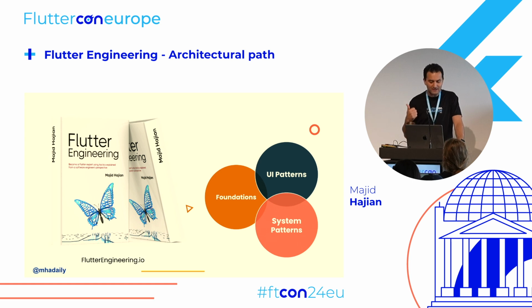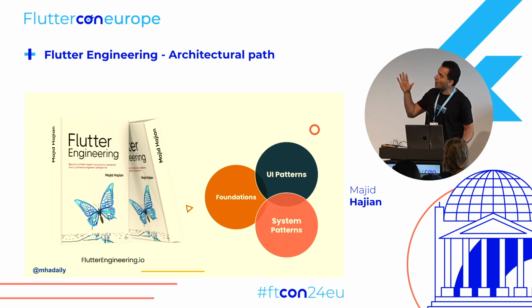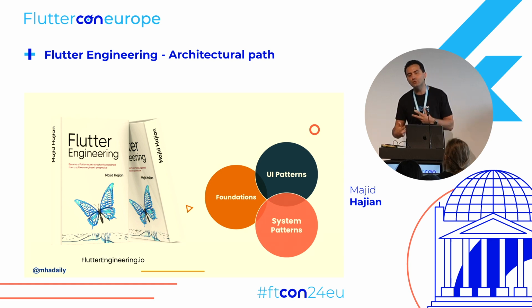One of the things I did is this book that you've heard about in the keynote as well. I'm not going to talk about my book, but one part of the book is about architecture, which I started crafting from a foundation. If you don't know software architecture at all, totally fine. You're good to go, reading the foundation chapter, and then you move on to the 2 different chapters.